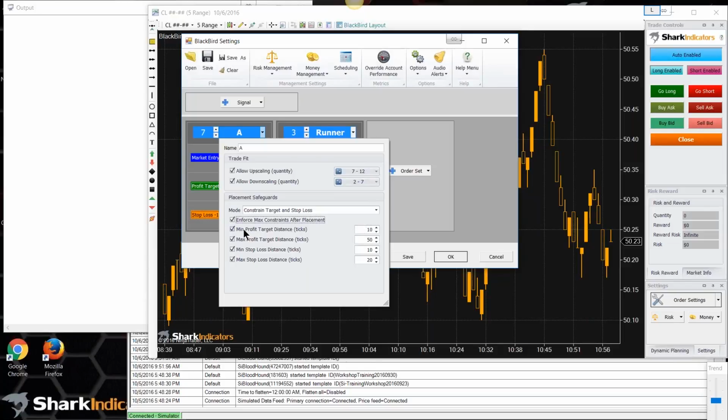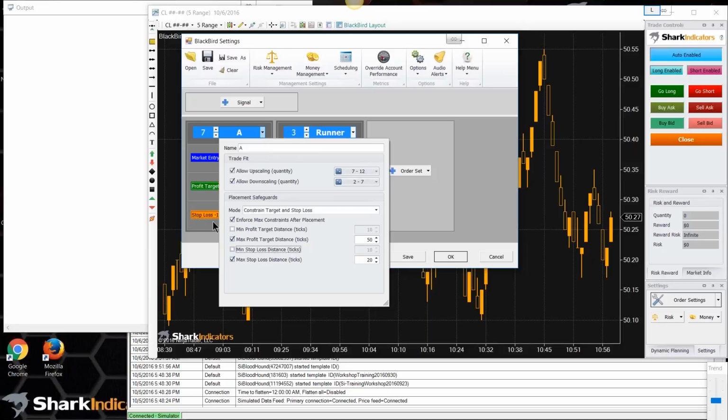So the minimum distance between the market and your profit target is obviously going to go down to 0. So you never want to enforce a minimum profit target distance. So the minimum distances can't be enforced once the order is working.